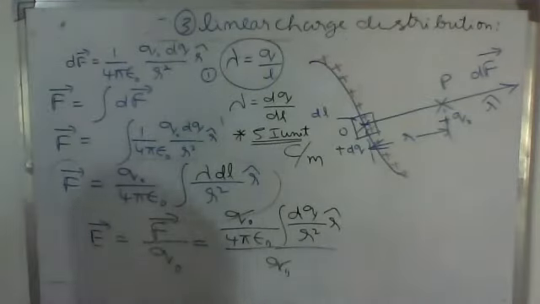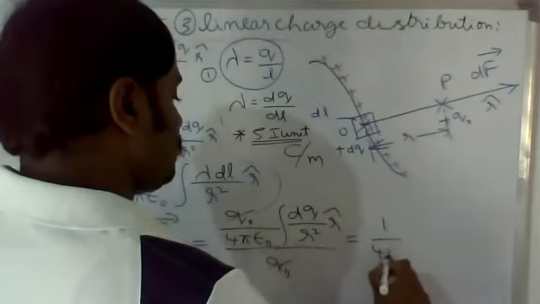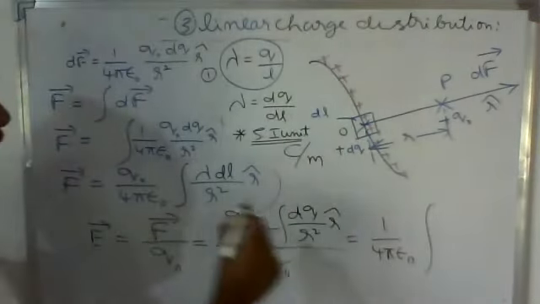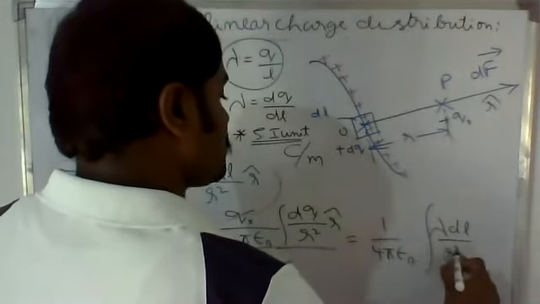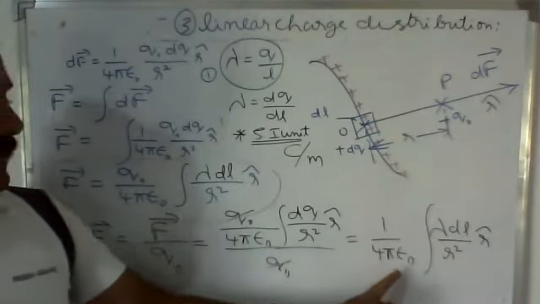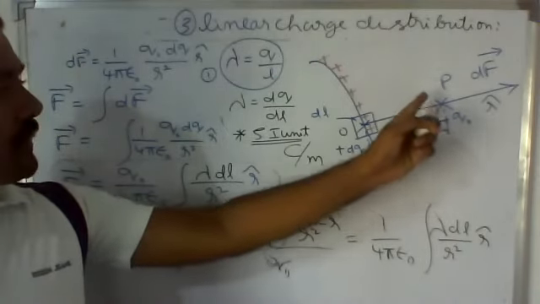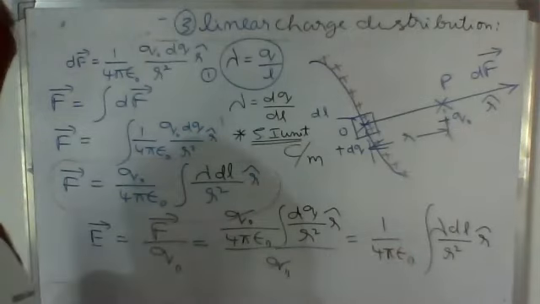And the electric field is 1 divided by 4 pi epsilon naught, integration of lambda dl divided by r square into r cap. This is the mathematical expression for the net electric intensity at point P due to the entire linear charge distribution.